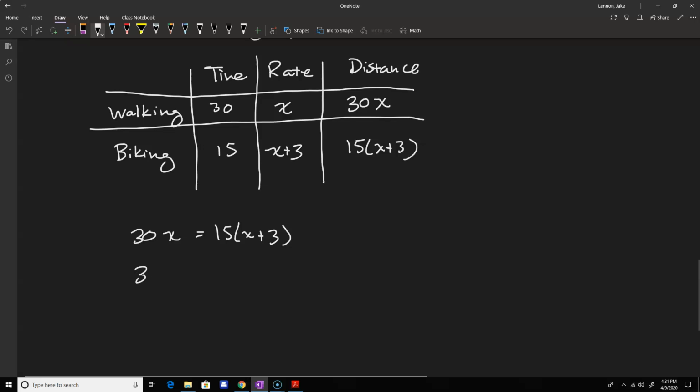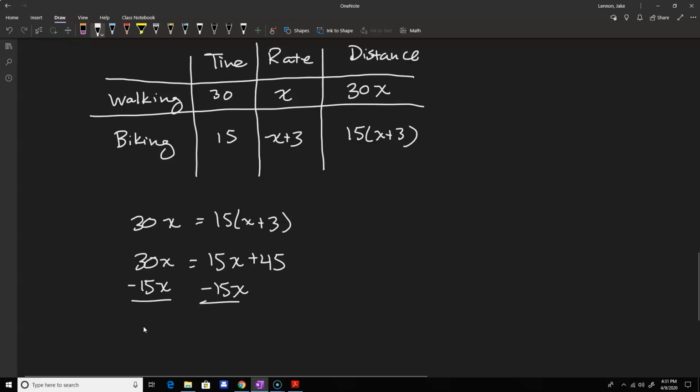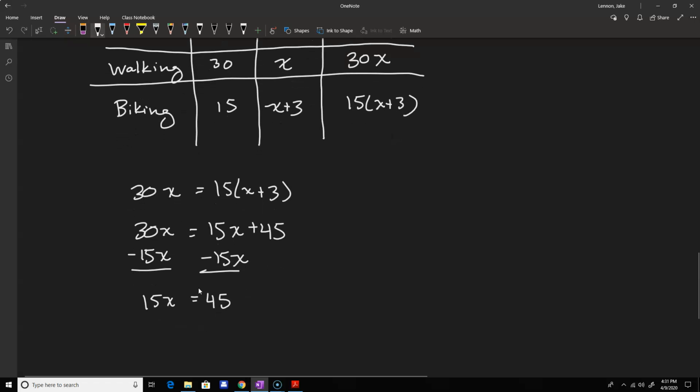So go ahead and distribute on the right. So we get 15x plus 45. So we want to move the x's to the same side, so we can do that by subtracting 15x. So we have 15x equals 45. Since x is being multiplied by 15, we can divide by 15.